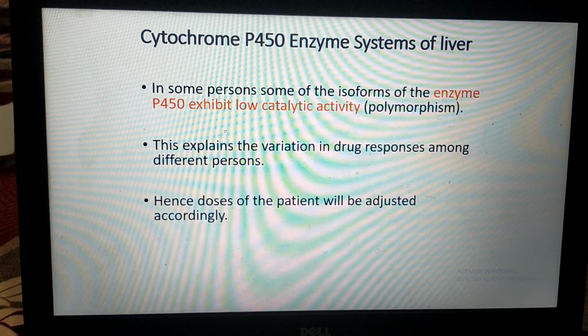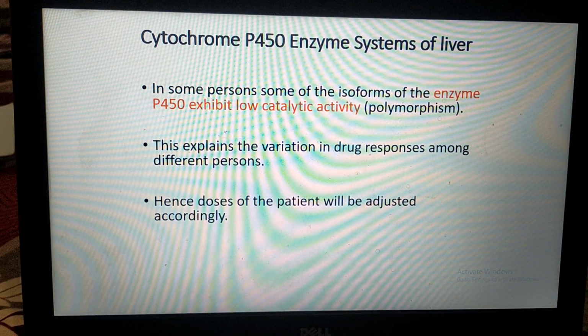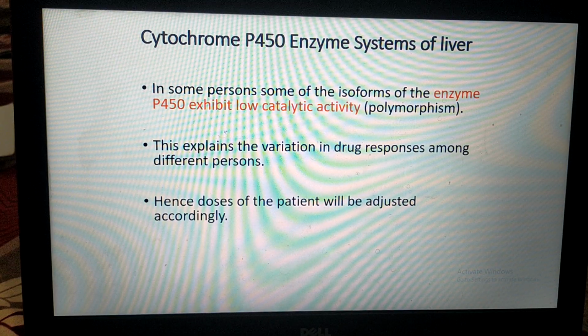In some persons, some of the isoforms of the cytochrome P450 enzyme exhibit low activity, which is called polymorphism. That means some of the enzymes out of 150, some of the enzymes of cytochrome P450, have less activity. So what will happen? Such persons detoxify the drugs at a slower rate, and this explains the variation in drug response among different persons.